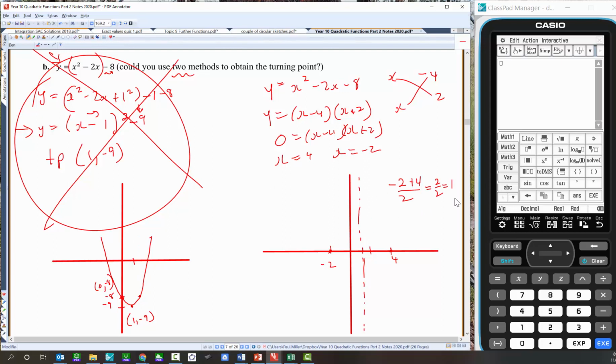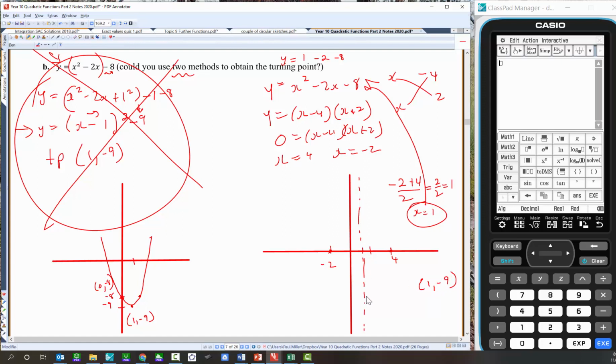Once I know what the axis of symmetry is, which is x is equal to 1, I can slam this value into my original equation: y equals 1 squared, which is 1, take 2, take 8. That's -1 take 8, that's -9. So when x is equal to 1, the y value is -9.